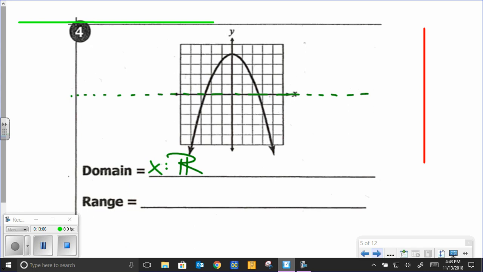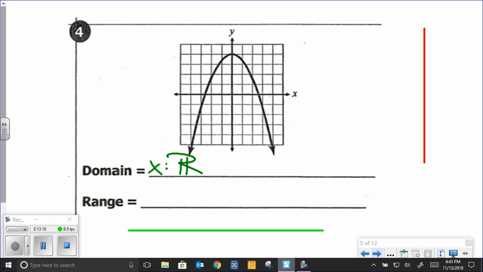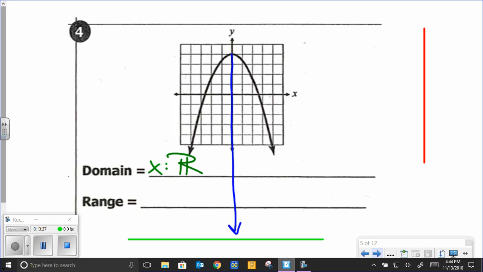Okay, now my vertical line, or my y values, is not going to be all real numbers. Remember, I'm going to start with my bar at the bottom of my page. Well, I can't go as far as it is. So it's going to go on forever and ever in this negative direction. I don't know how far, but it's never going to stop.